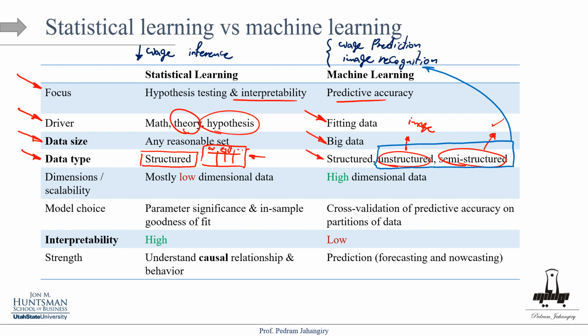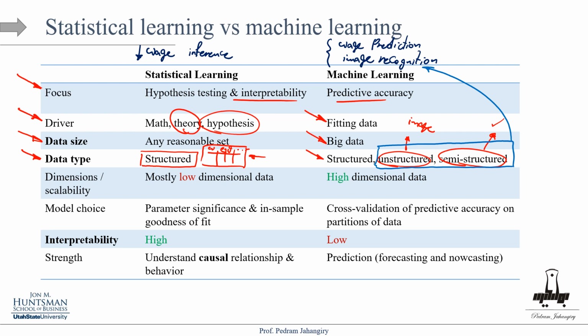Because as of today, more than 80% of the data out there is going to be unstructured, and only 20% or even less than that is going to be structured. So this means that for more than 80% of the real questions out there, guys, remember, you cannot use statistical learning, you cannot use econometrics, and you have to use machine learning, right?